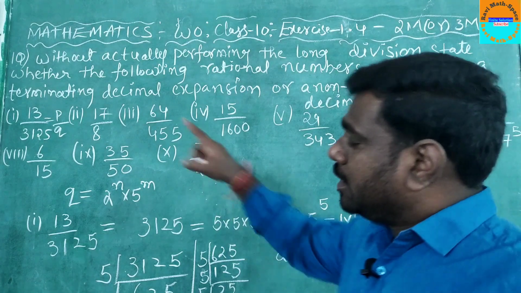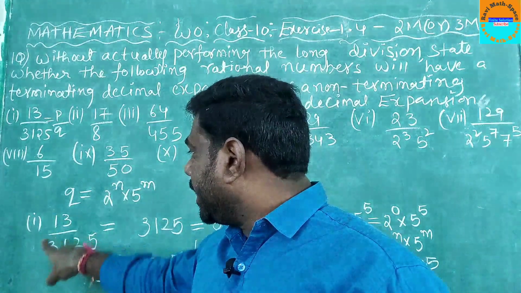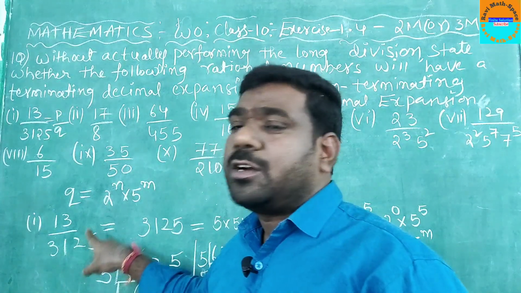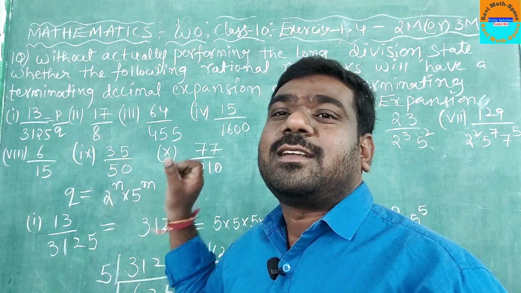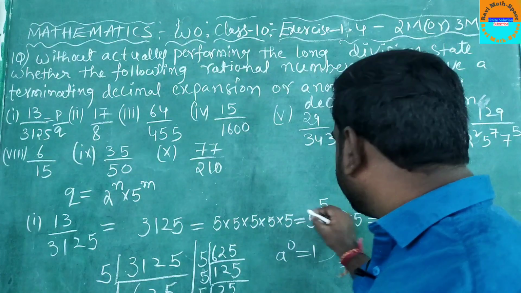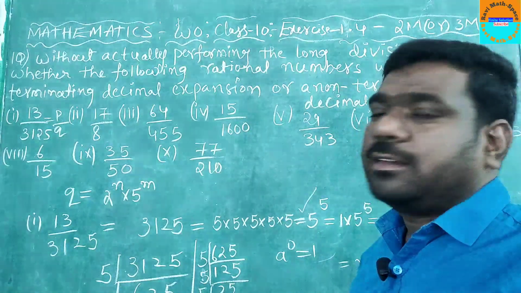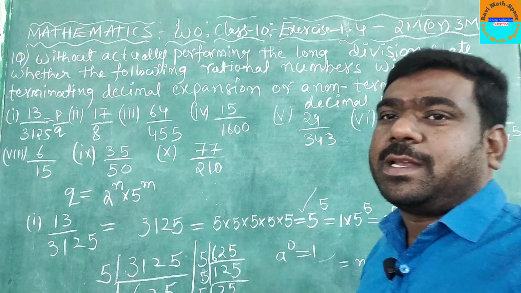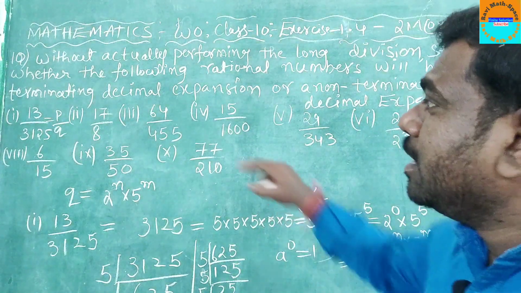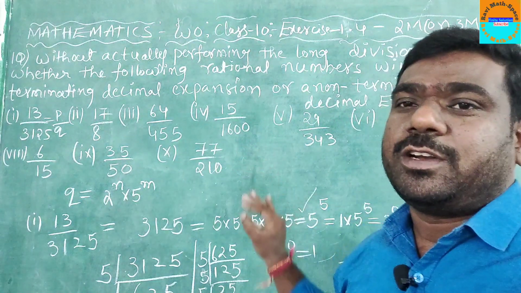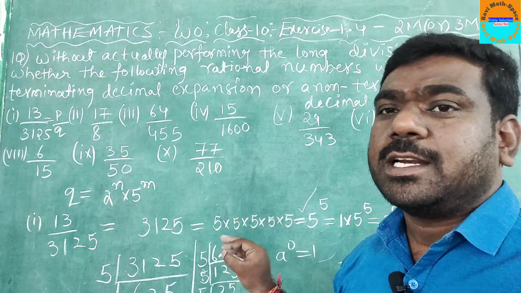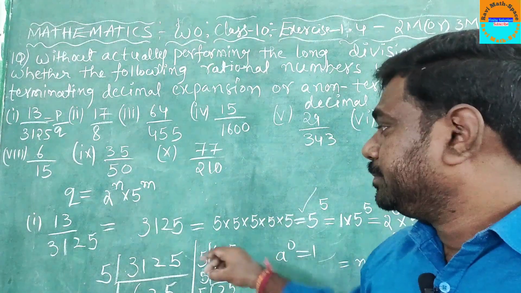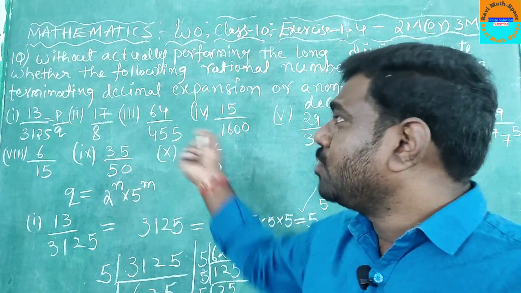Therefore, the given rational number 13 by 3125 has a terminating decimal expansion. Like this, we are going to check all the problems, so in the same process you have to apply.